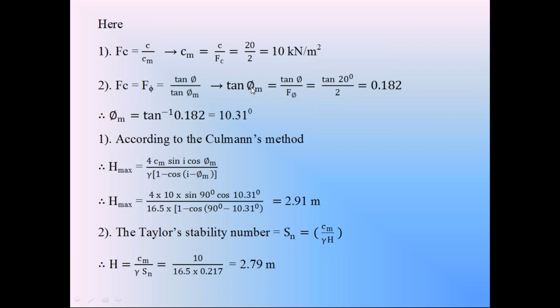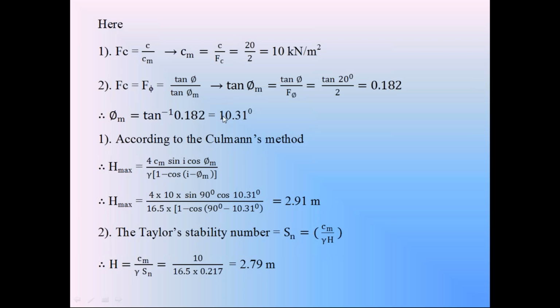So tan phi m comes to 0.182. Since tan phi m is 0.182, the mobilized angle of friction phi m is equal to tan inverse 0.182, 10.131 degrees. So check the first step and second step.